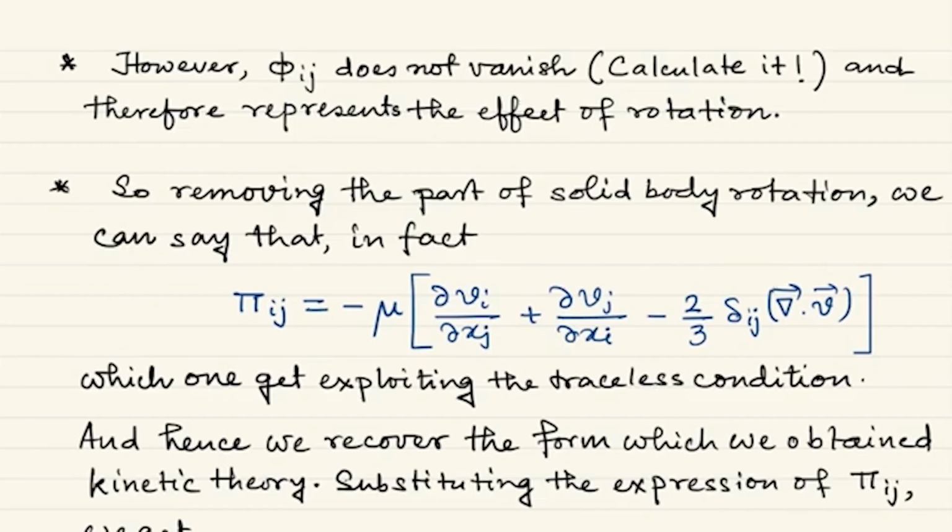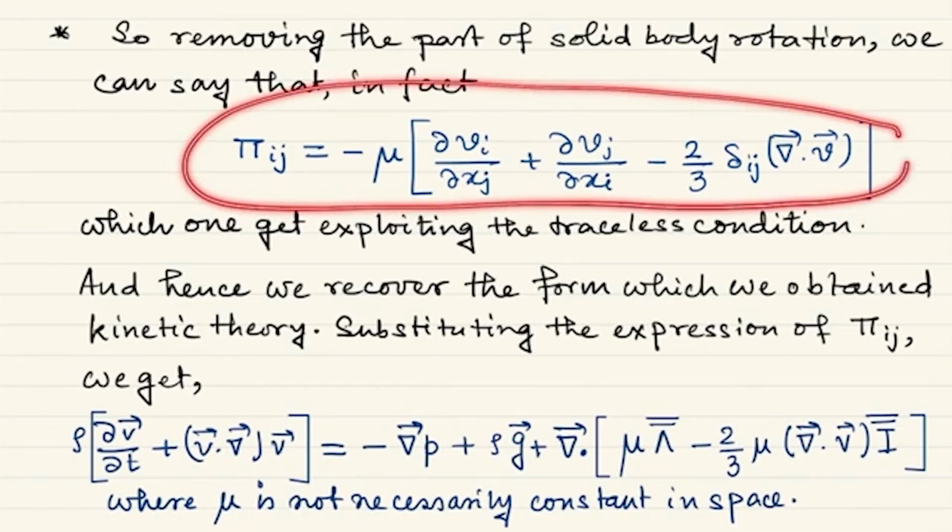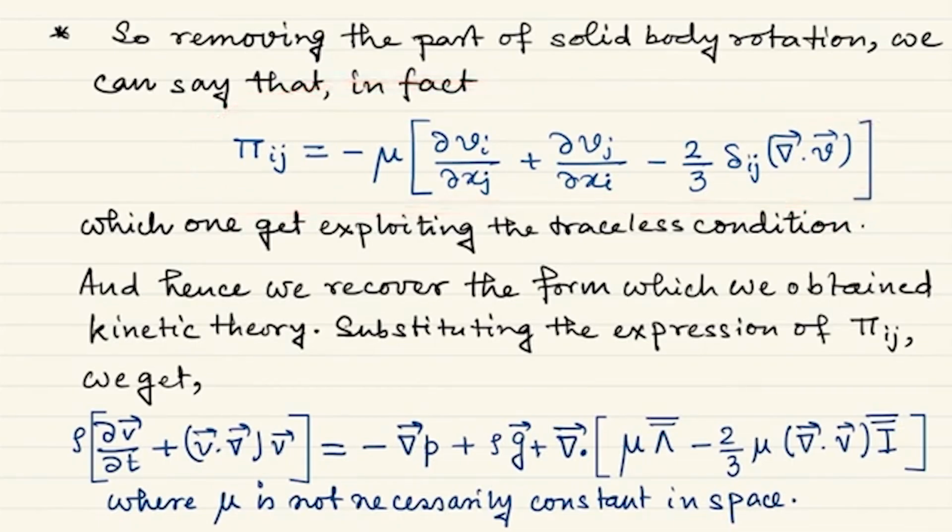Okay, but one thing is true: if you calculate, you will see that there is some divergence of v which appears, and from here you will have another divergence of v which appears, and finally that cancels, giving zero trace. Okay, and so finally we recover what we found microscopically. Now we find it macroscopically, but for that we needed a hypothesis.